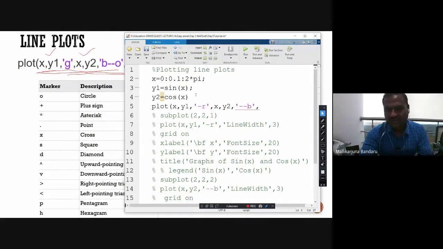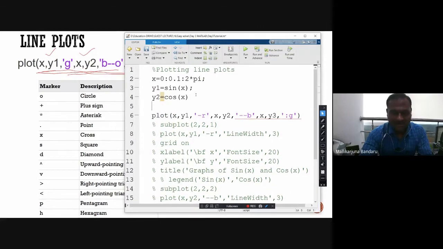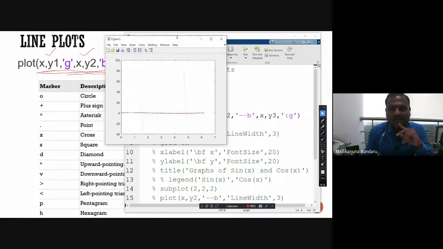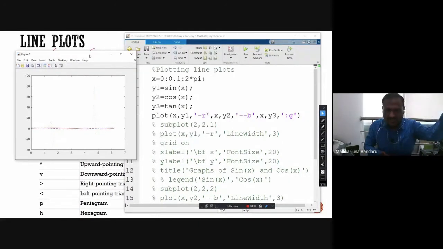Next, let me take suppose the third curve, but we have not defined it here. But let us define that. That is not a problem. Let me take y3 is equal to tan of x. Now run the file and see what we are getting. See here, because the tan x range is maximum, right? So that's why it is appearing like this.